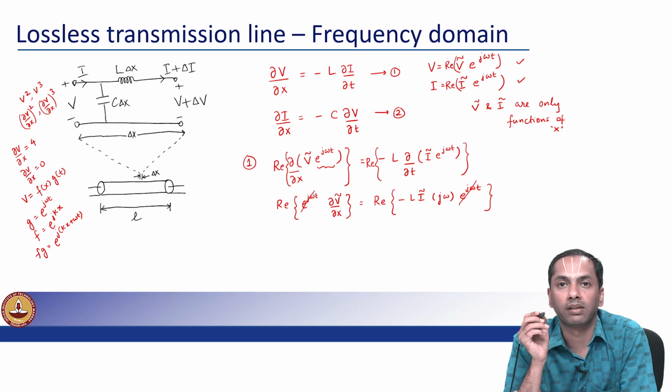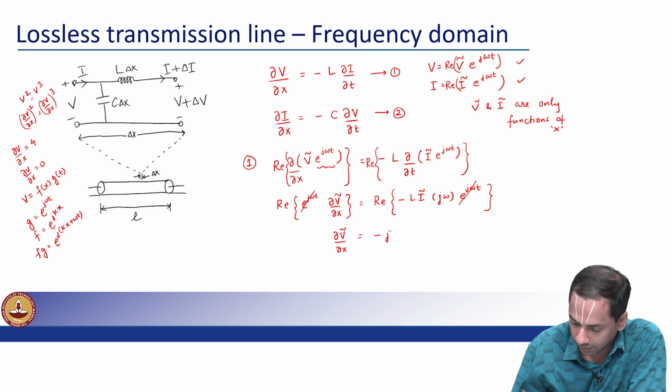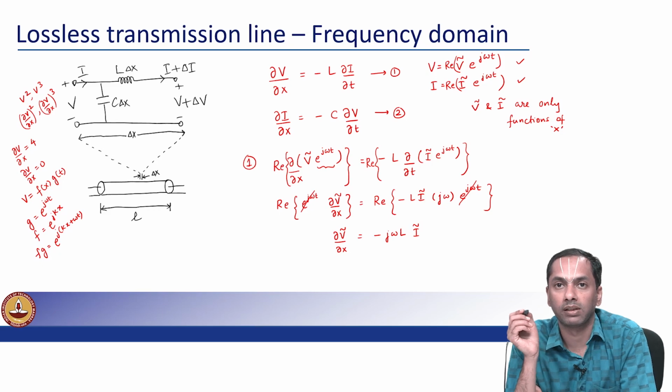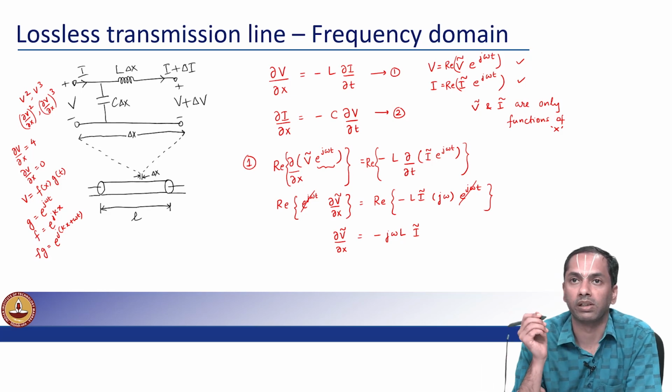So we are saying that if the complex number inside the real part of the argument is the same, then we essentially say that v and i are complex numbers that are only allowed to be functions of x, right? So we have a new differential equation.